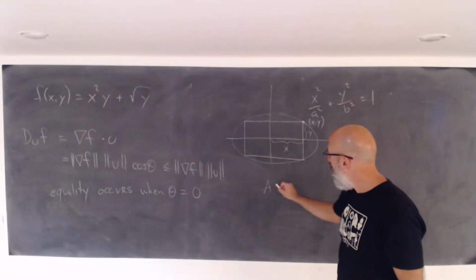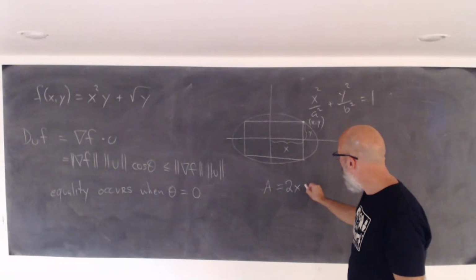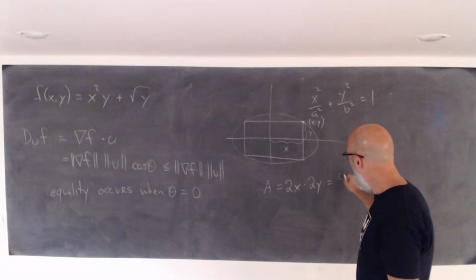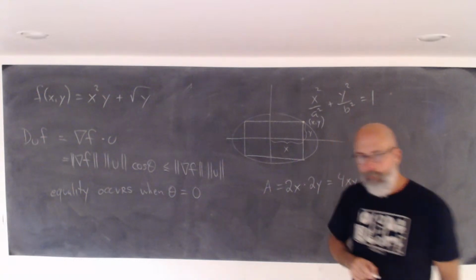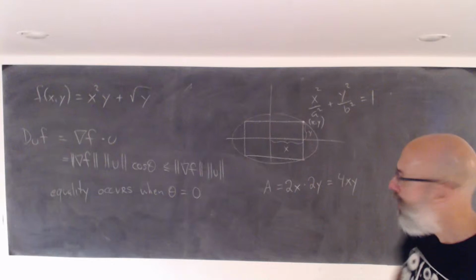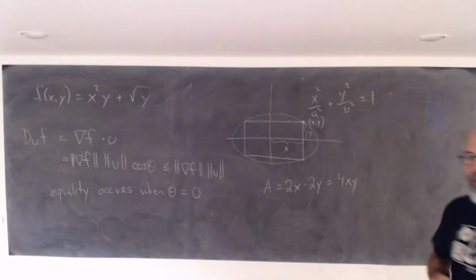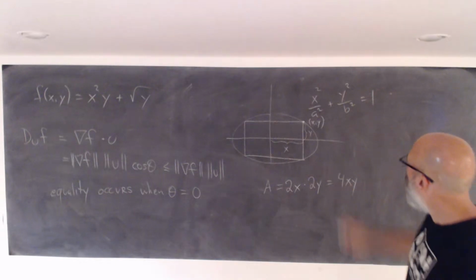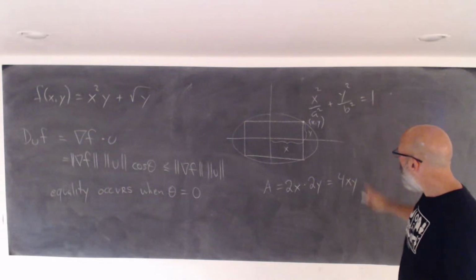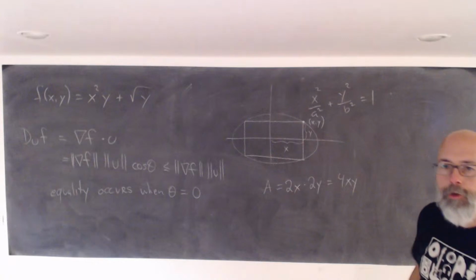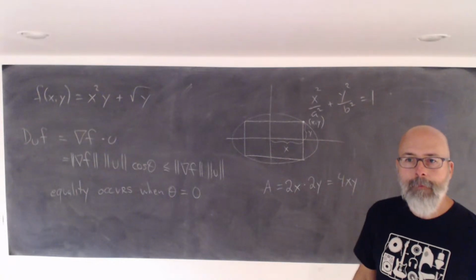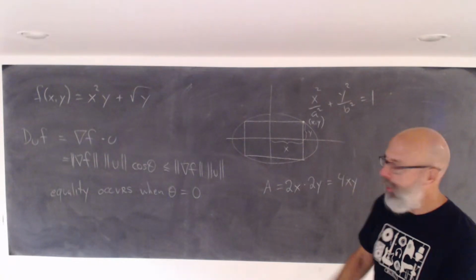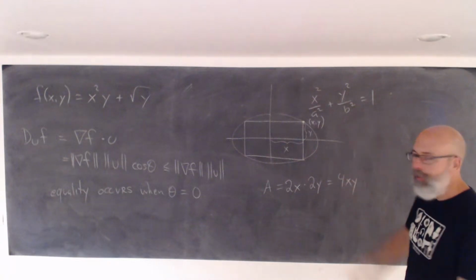So the area is 2x times 2y, or 4xy, subject to this condition. You can use Lagrange multipliers, or you can solve for y, plug it in here, and then you just get a function of one variable. In 3D, it's exactly the same thing.